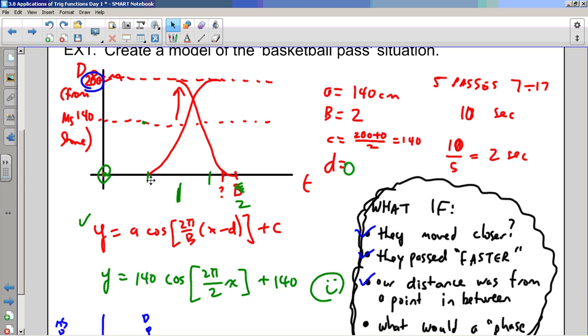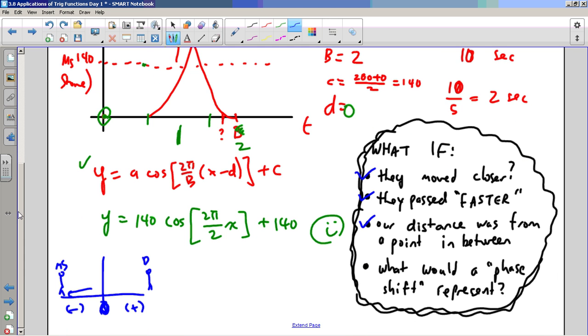Maybe this would be when the ball is halfway in between them. That's when time equals 0 would start. That's when we start our counter. And the phase shift would be a simple change in when we started keeping track. And these sorts of questions really help you demonstrate whether you understand not only the trig functions but the connection to the situation.